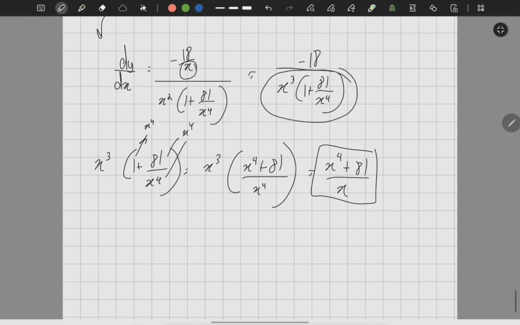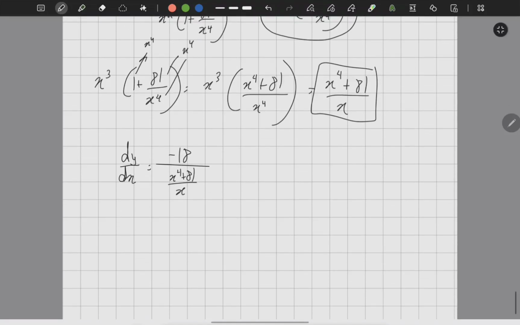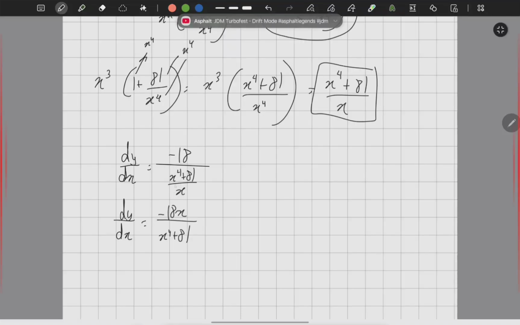Now we can put this back into our dy over dx. Our top is still minus 18, over x to the 4 plus 81 over x. So our dy over dx is equal to minus 18x over x to the 4 plus 81, because we're dividing by an x, which turns into a multiply, so the x comes up over here.